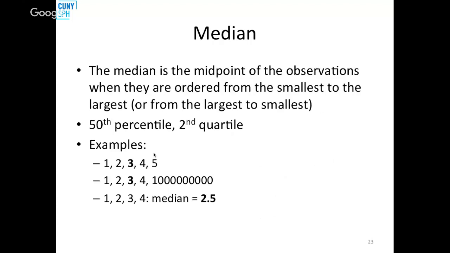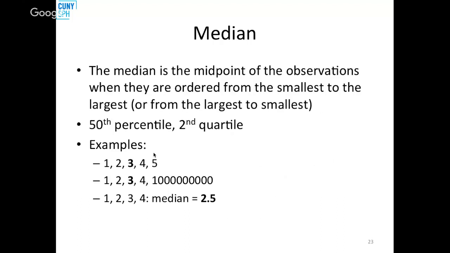So a few examples here just to drive in the point that it is resistant to outliers. In a sequence of 5 numbers, 1, 2, 3, 4, 5, the median is 3. If you replace that last number with 100 million, the median is still 3. So an outlier at the end makes no difference whatsoever.